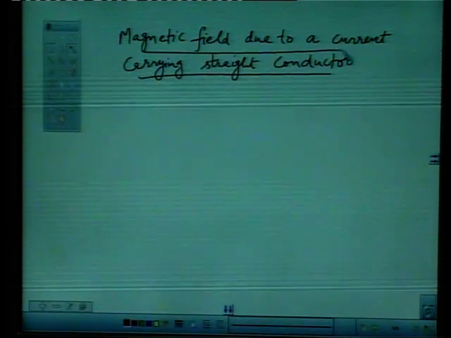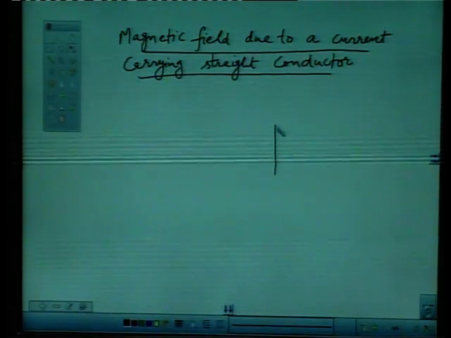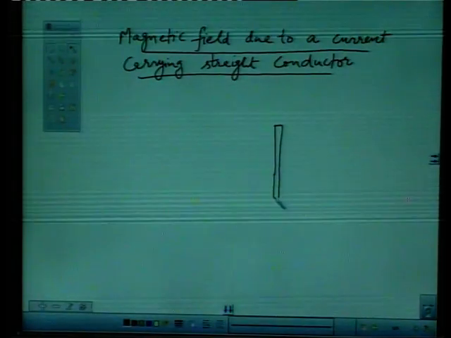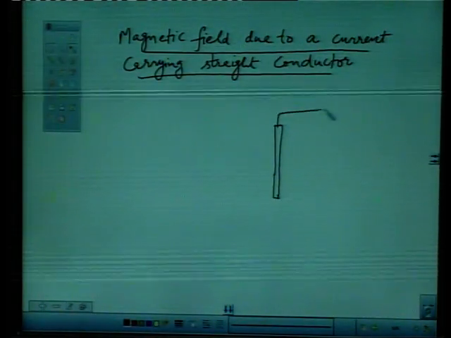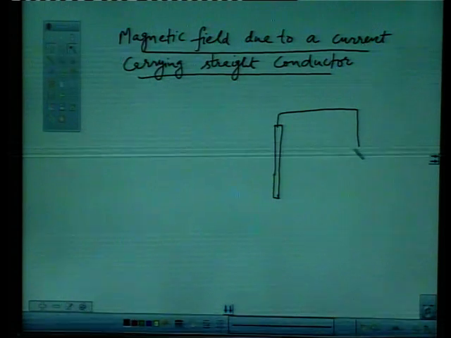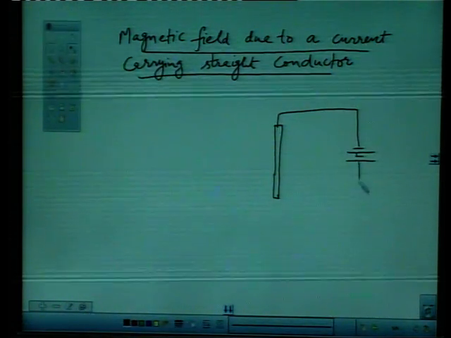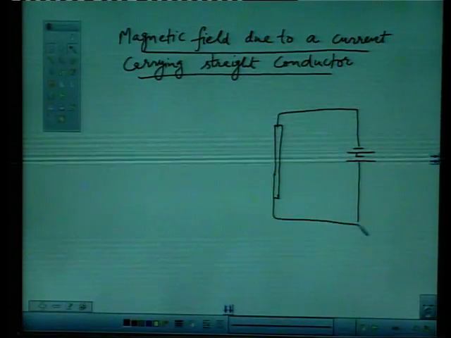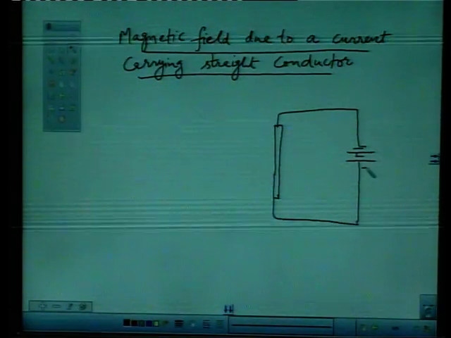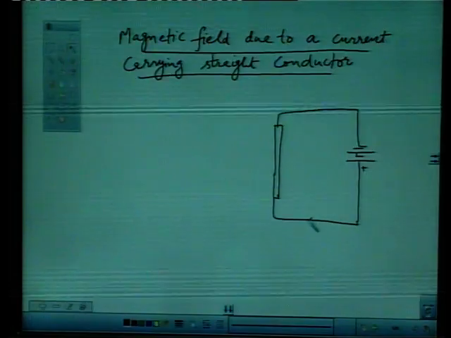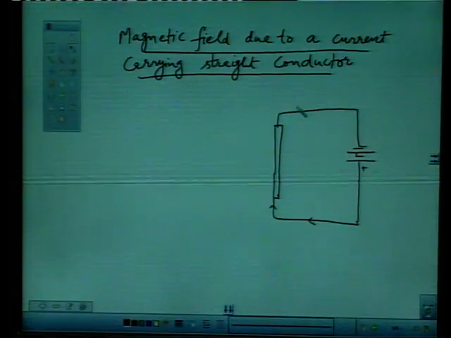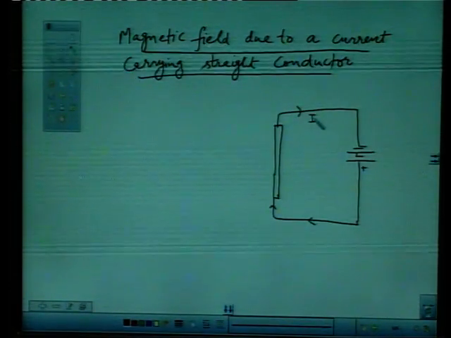Let us suppose we are having a conductor which is a straight conductor and it is connected by a battery. This is battery. The current is moving from the positive terminal to the negative terminal. So, this is the direction of current.